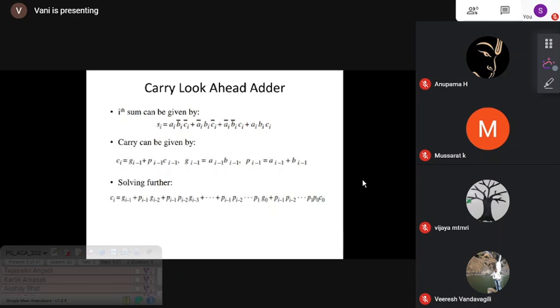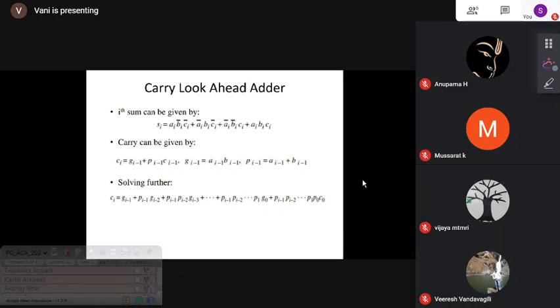So we know that the ith sum can be given by the equation that is given here. It depends upon the inputs A and B, and C is the carry bit. But the problem here is the circuit has to wait for Ci to operate.